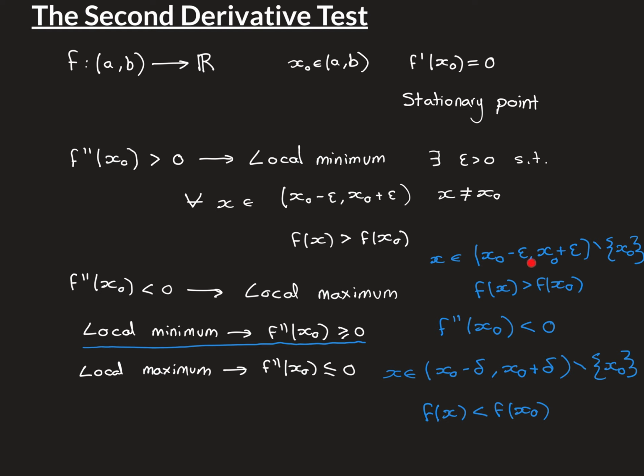But these two things aren't compatible with one another. This one blocks this from being true, because whatever epsilon you take, it's always going to have to contain at least part of this delta interval. So for example, if you make epsilon bigger than or equal to delta, then this entire interval will be contained inside this epsilon interval.